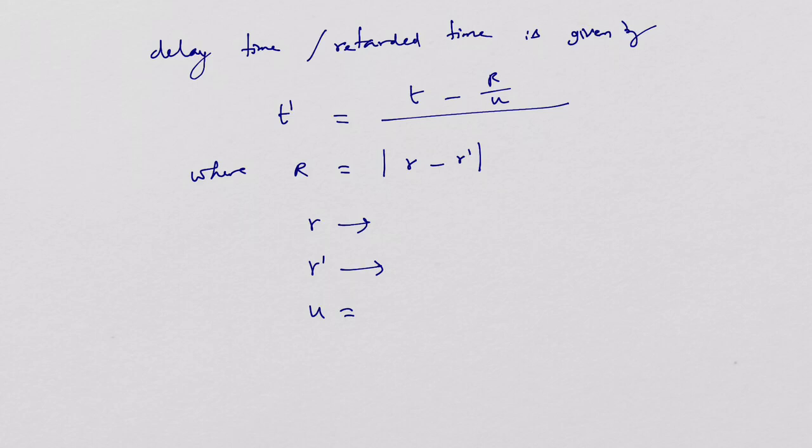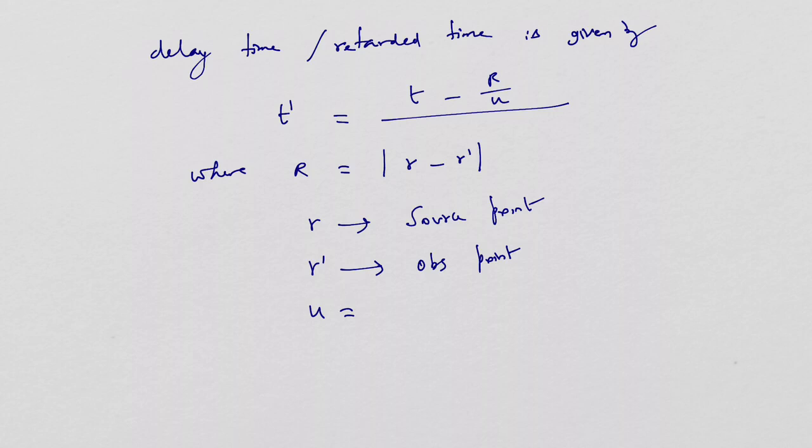R is the absolute difference between r and r dash, where r corresponds to the source point, whereas r dash is the observation point. So the distance between the source point and the observation point, modulus of r minus r dash, capital R, is considered for the calculation of delayed vector potentials or delayed electromagnetic fields.